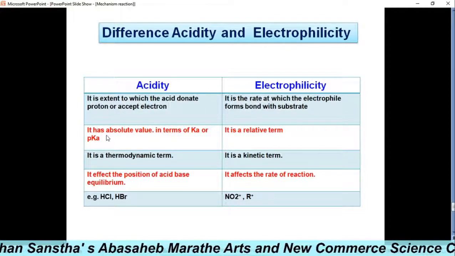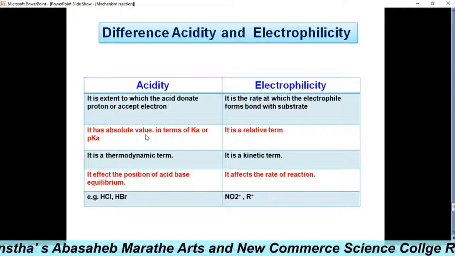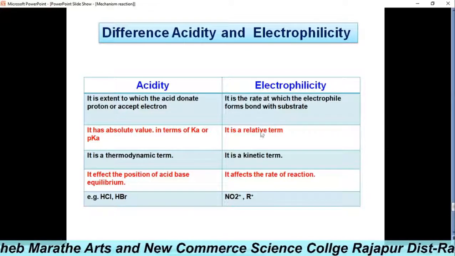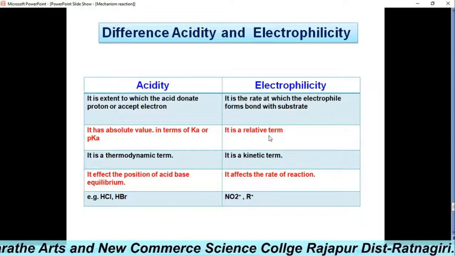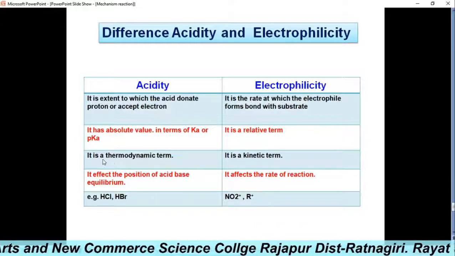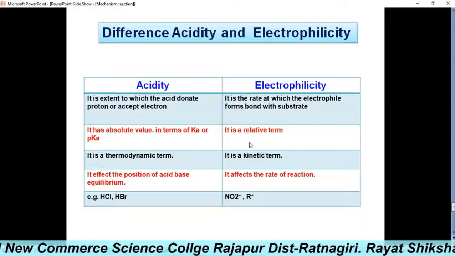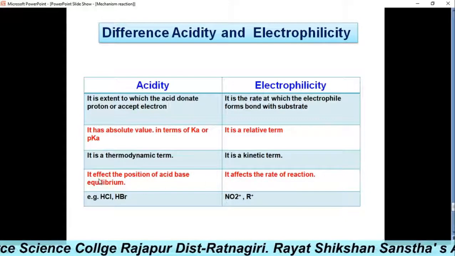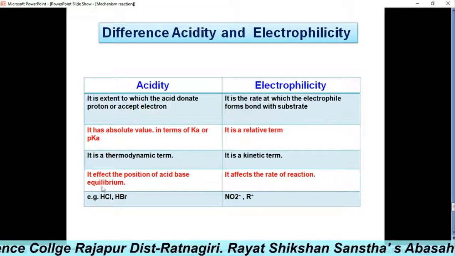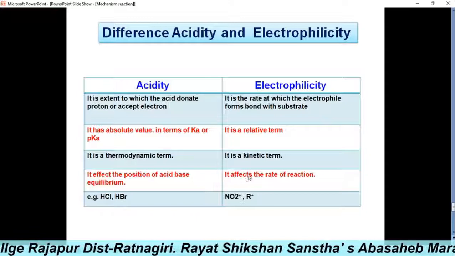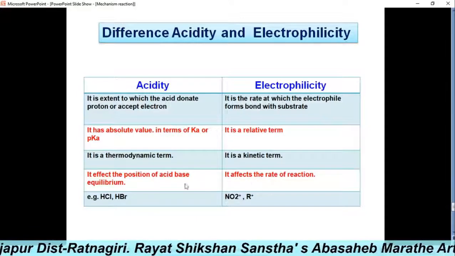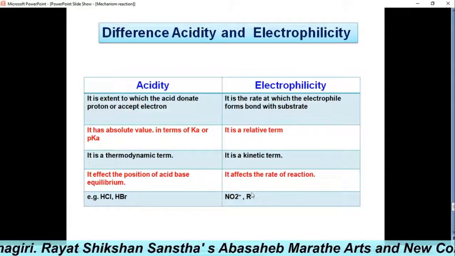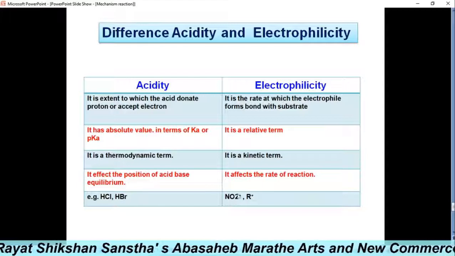The second point: acidity is an absolute value, measured in terms of Ka or pKa, and electrophilicity is a relative term. Acidity is a thermodynamic term, and electrophilicity is a kinetic term. Acidity affects the position of acid-base equilibrium, and electrophilicity affects the rate of reaction. For example, HCl, HBr for acidity, and NO2 plus, R plus for electrophilicity.